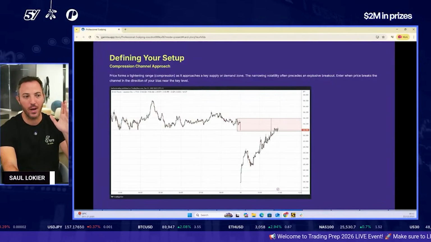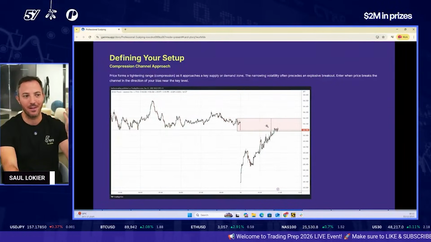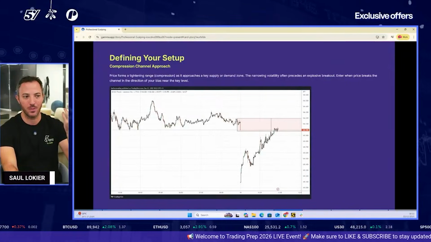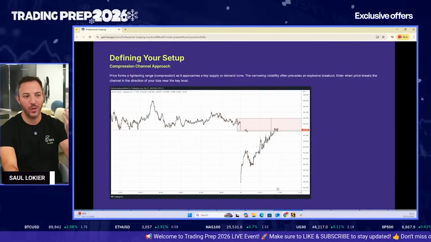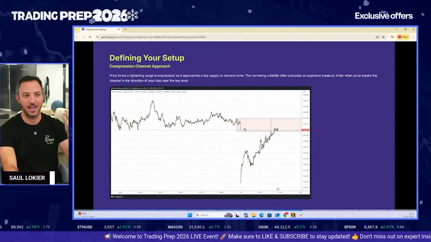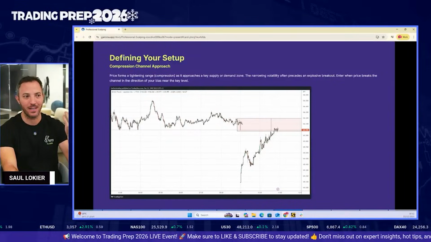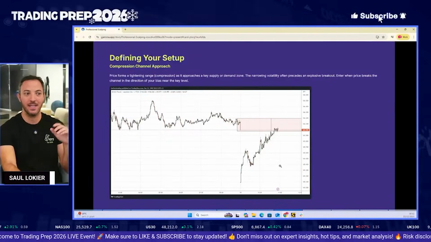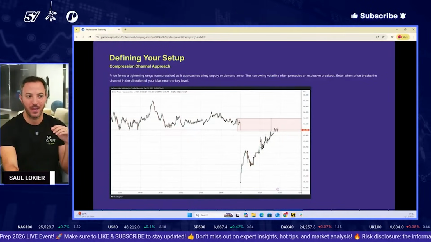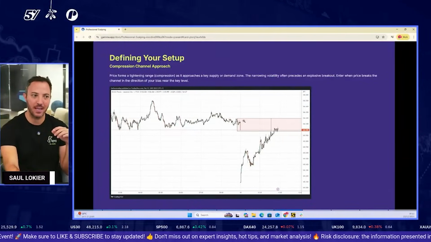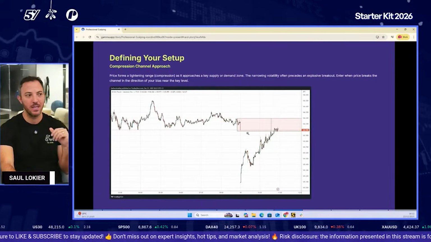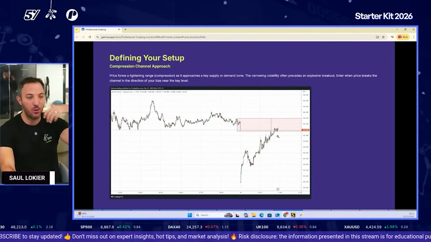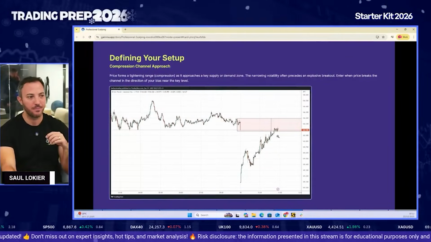It's a very slow and weak movement towards the key level. So when slow momentum, slow price action revisits a strong selling area, we anticipate a strong reaction. So the compression channel approaching a key level is the setup I'm looking for. Okay, so now I go to execution.